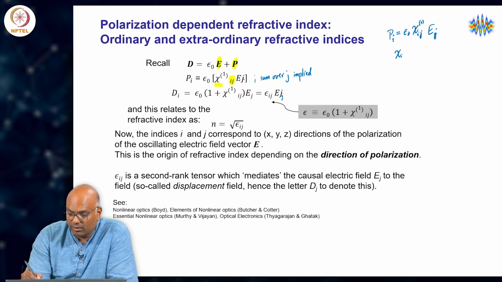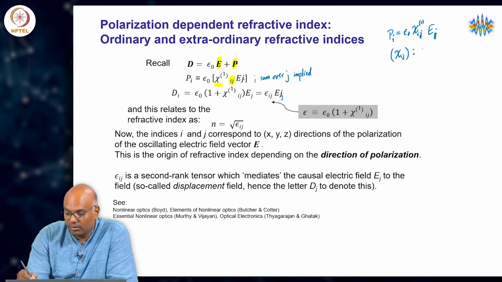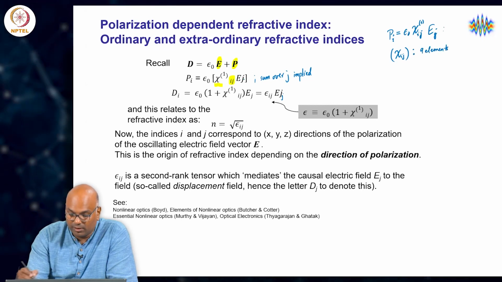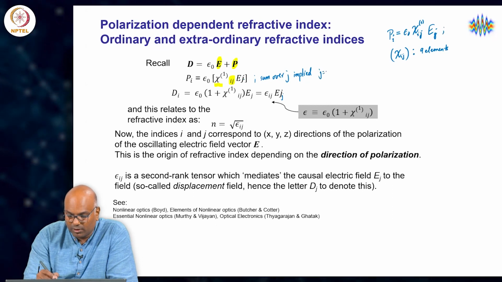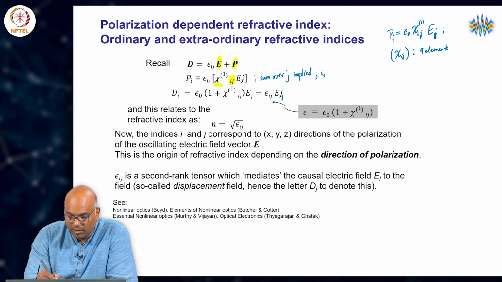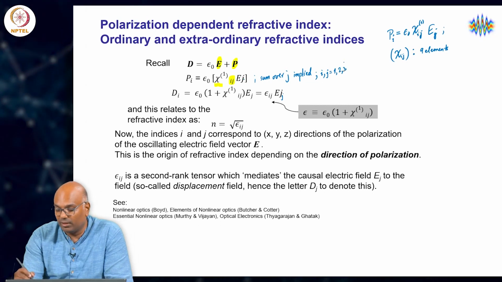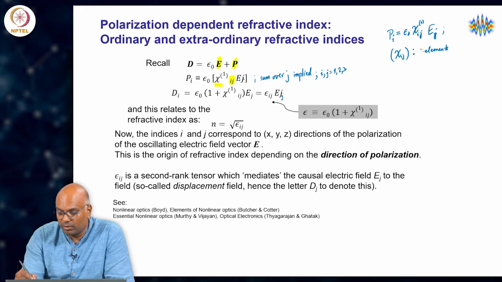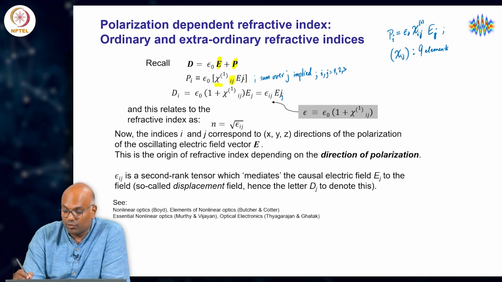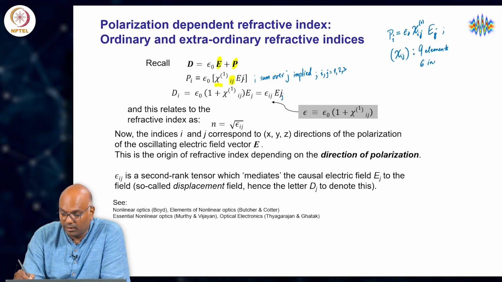The matrix chi ij has 9 elements in general because we are in 3D space. I and j run over 1, 2 and 3. So chi ij has 9 elements, out of which 6 are independent.